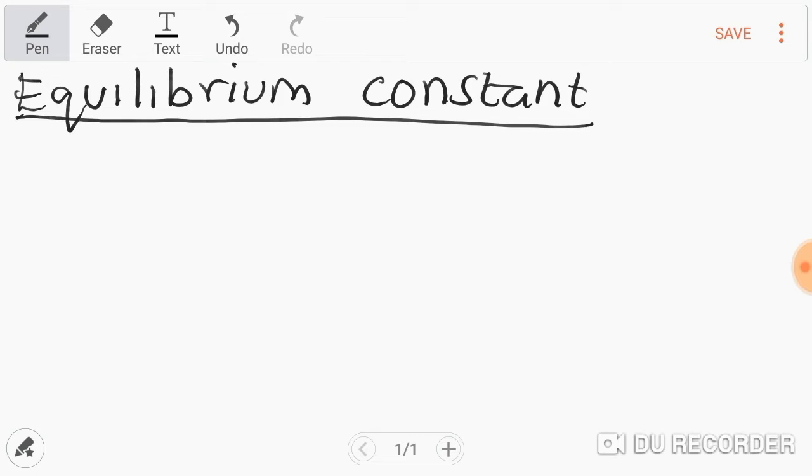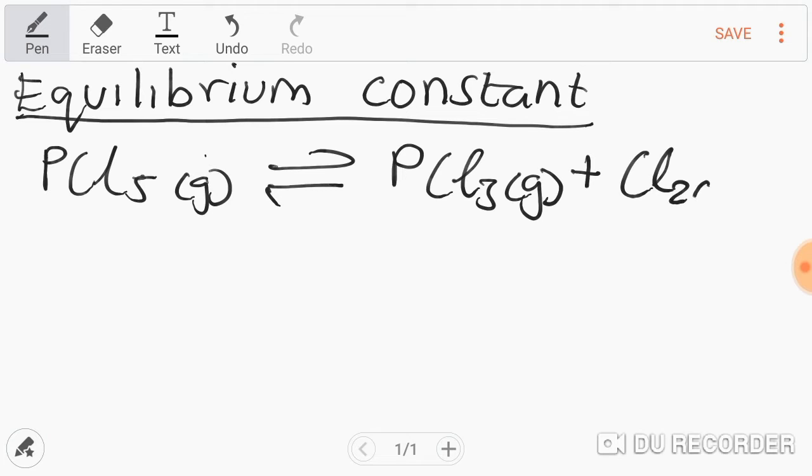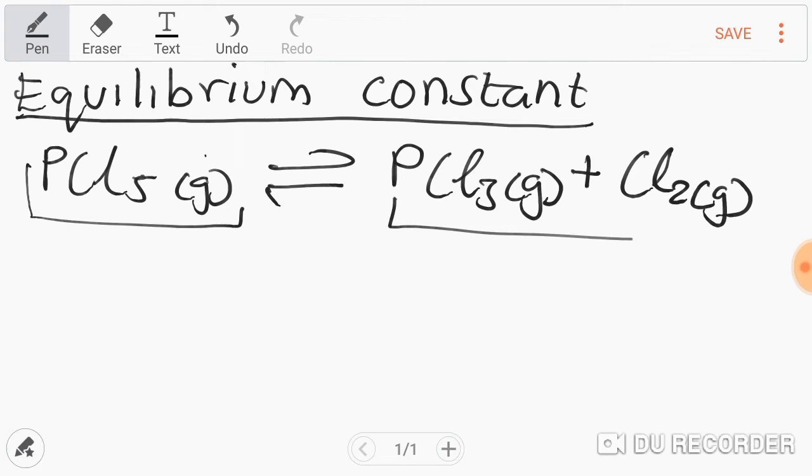So here's an example. I got one. So here's our reactant, and then these ones are the products.